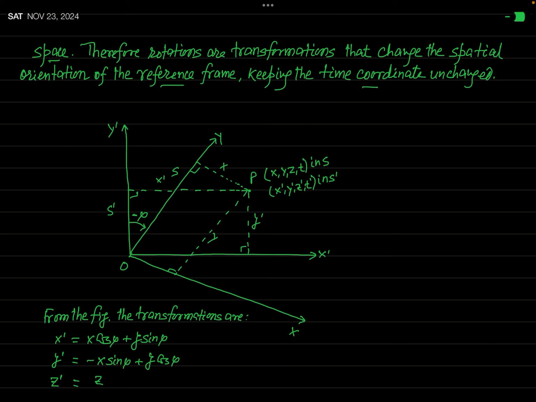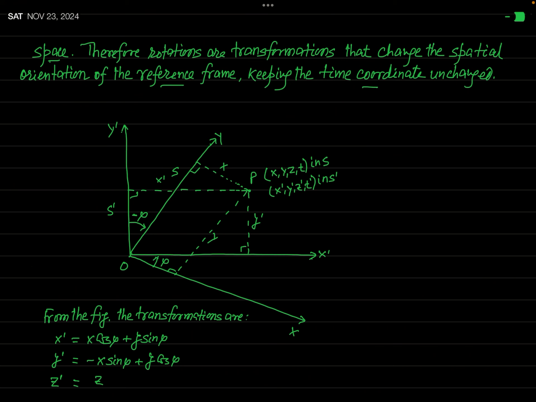So you can see, if we consider that about the z-axis the reference frame S is rotated, then its x-axis is rotated to the position x dash, and the y-axis is rotated to the position y dash, let us say by angle phi.